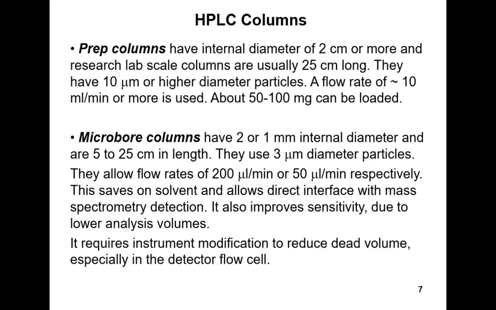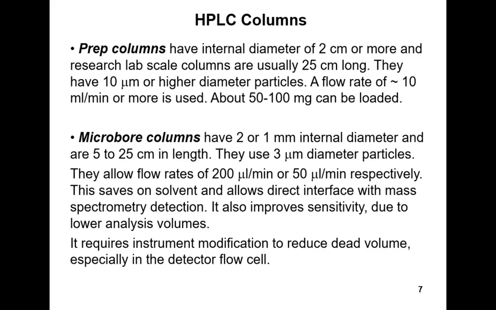So if you go through the theoretical analysis, you can find a justification for why this allows lower flow rates to occur, but without losing the separation efficiency. So you can bring the flow rate down to 200 microliters per minute if it's a 2 millimeter column, or even lower than that, 50 microliters per minute for the 1 millimeter diameter columns.